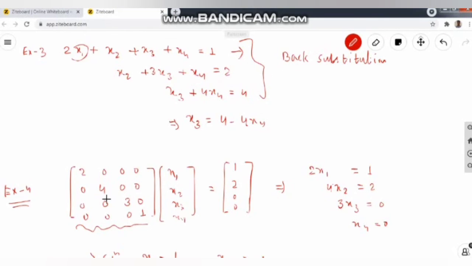And when the coefficient matrix is simply a diagonal matrix, you can find the solution directly by writing the corresponding system of linear equations. From the first equation you can find x1, from the second x2, from the third x3, and from the last equation x4.